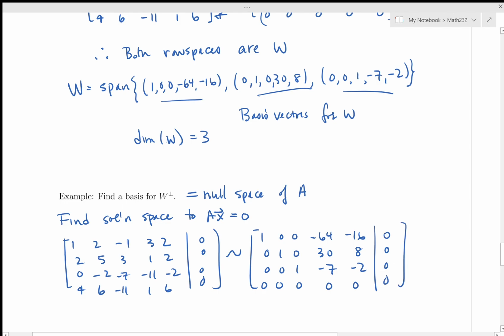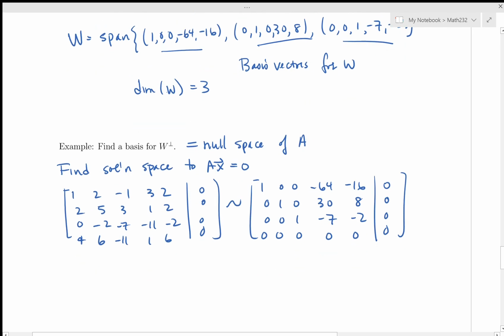Now I can observe what the solution is to AX equals 0. I can see right away that I have two free variables, x4 and x5. So x4 is free, and I'm going to make that equal to s, and x5 is free, and I'm going to make that equal to t.